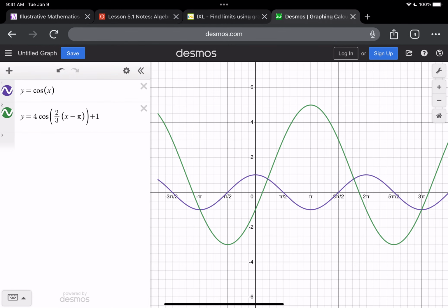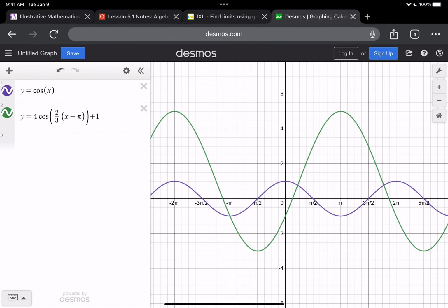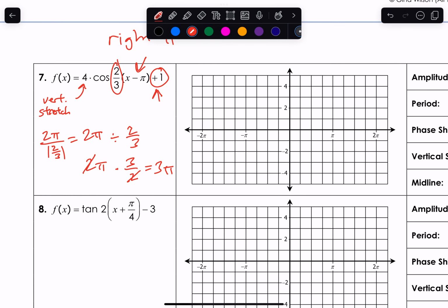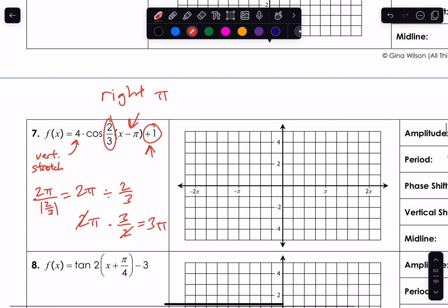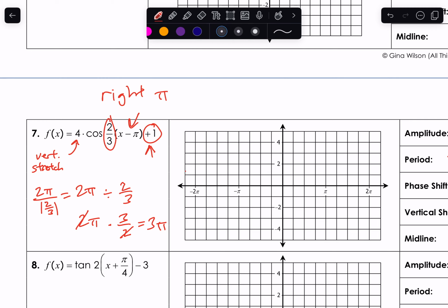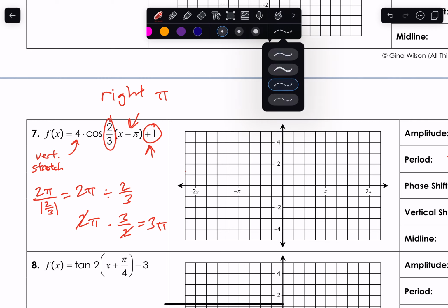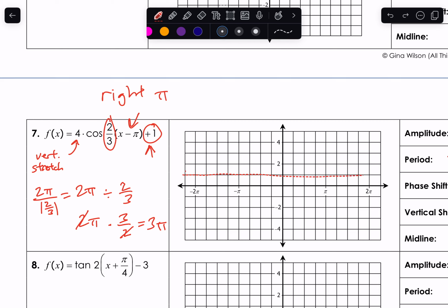So we're going to come back to this as our reference point. If we go to our graph, I know for a fact that my plus 1 has shifted my graph upwards. So I am going to include a dotted line at 1. That dotted line is my midline.